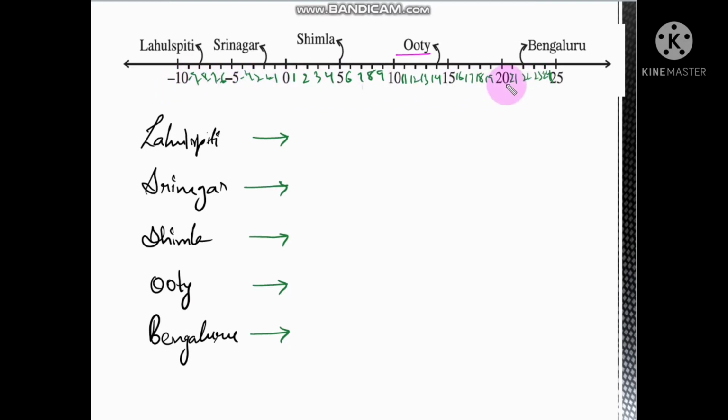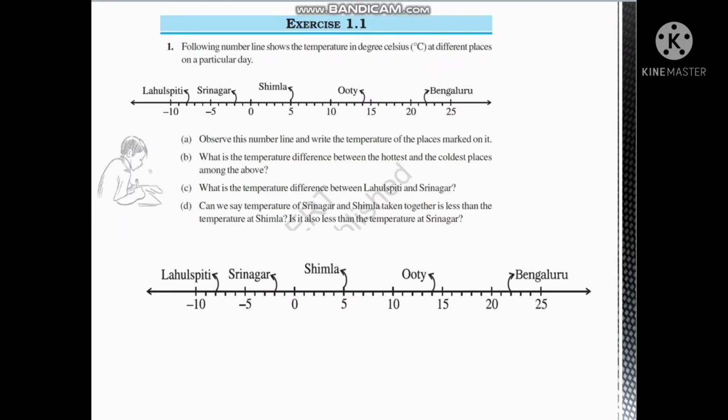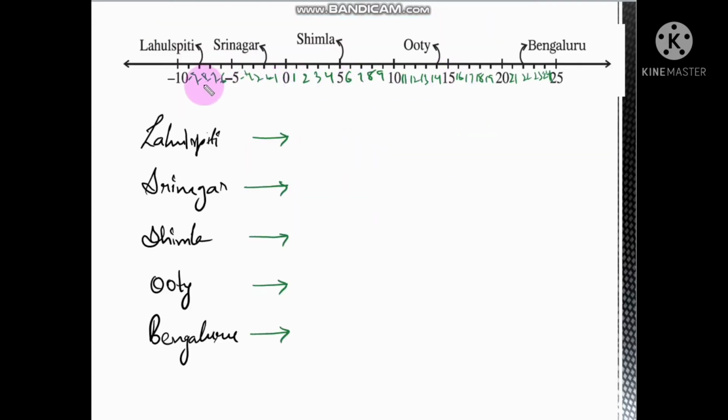So after arranging, let us answer the questions they have asked. Let's see the first question. Observe this number line and write the temperature of places marked on it. So we have to write the temperatures. Let the Lahul Spiti temperature be, how much is it?